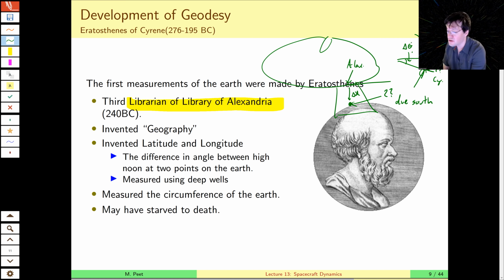And so based on the angle and this knowledge of delta x, he could calculate the radius of the Earth, the circumference of the Earth.